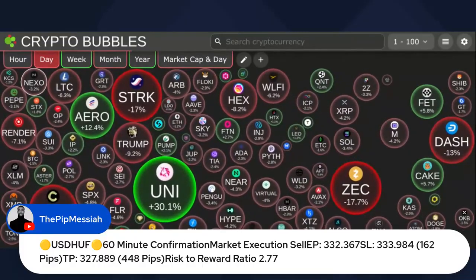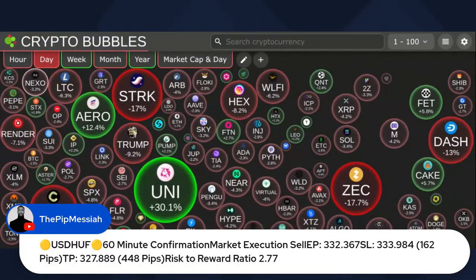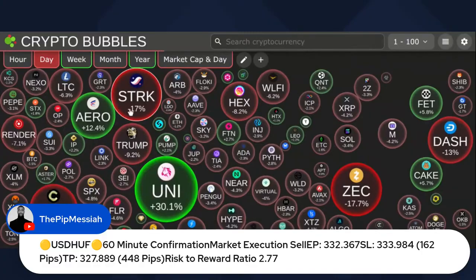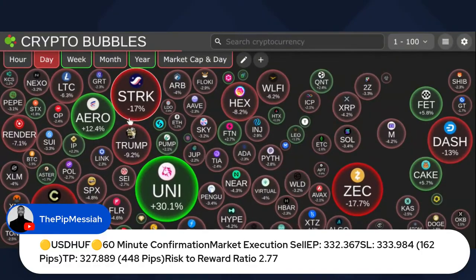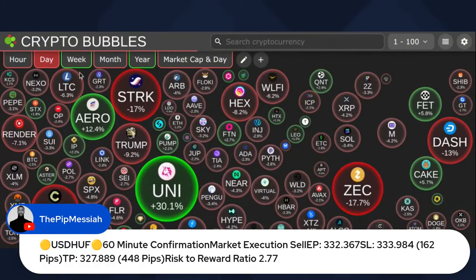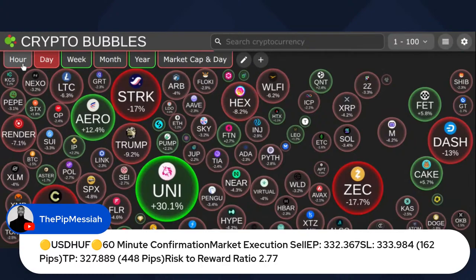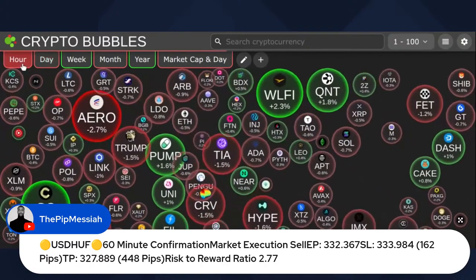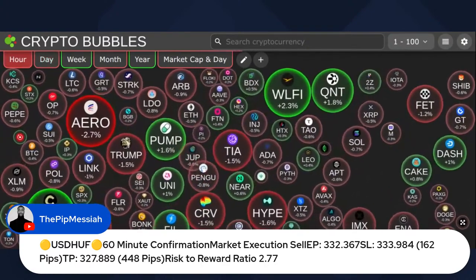For the day, there's only a few. Looks like people got their pump and then started taking money out. Smart way to play. Follow the money, get your money, continue to trade.